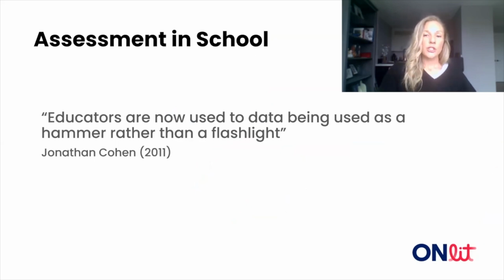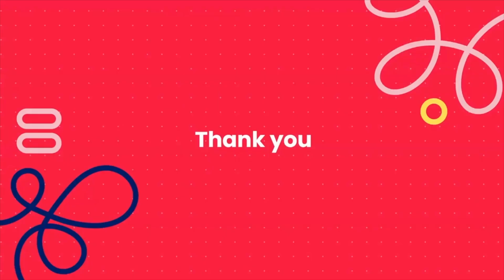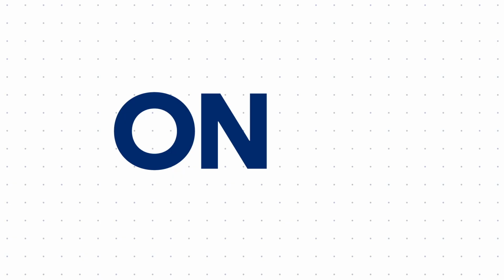We need to work on shifting the culture around reading assessment and view it in light of a flashlight. Where does this data lead us? What is it telling me about each student, and how can I use that information to proceed with them so that every student has access to their human right of learning to read proficiently?